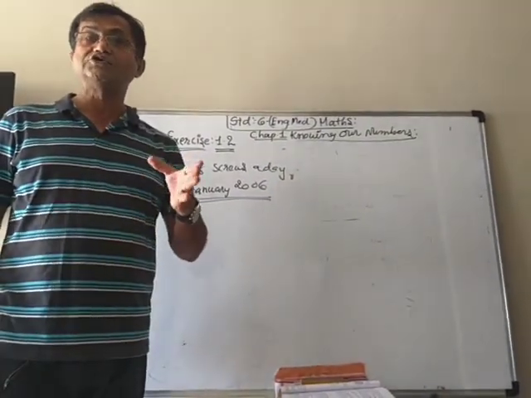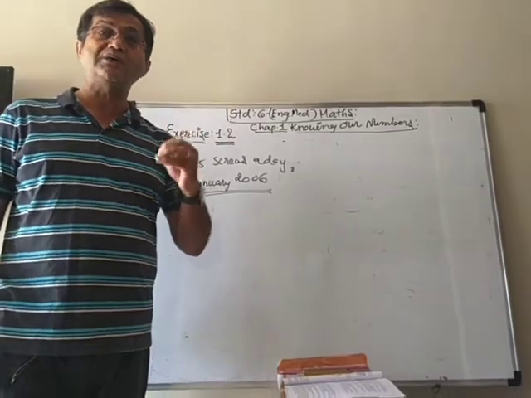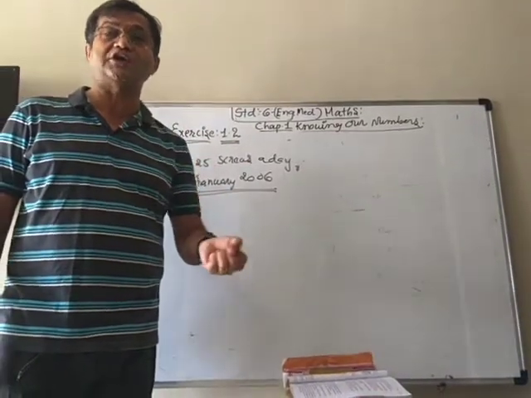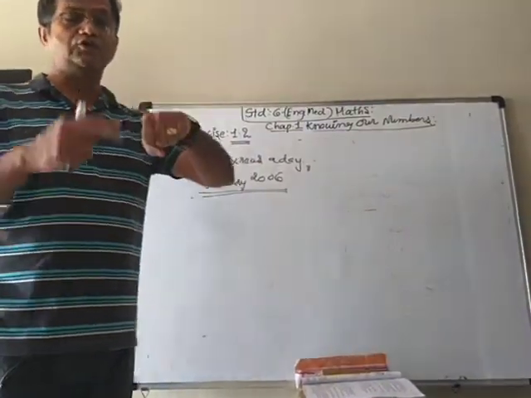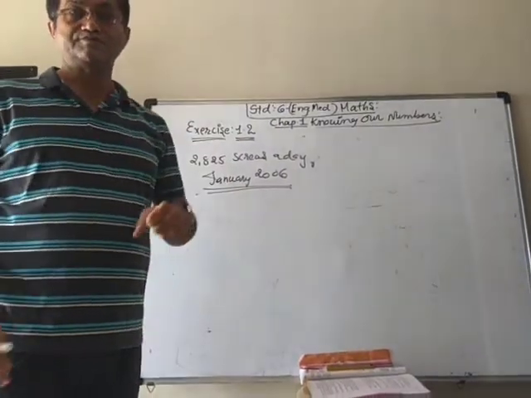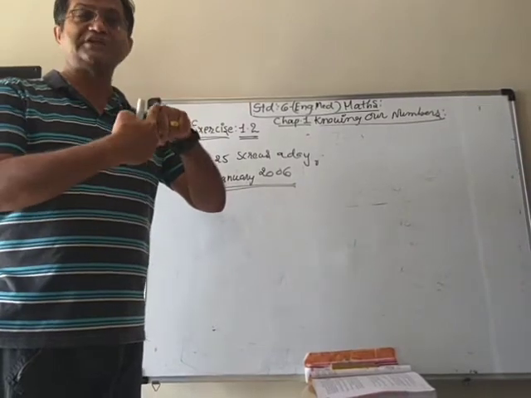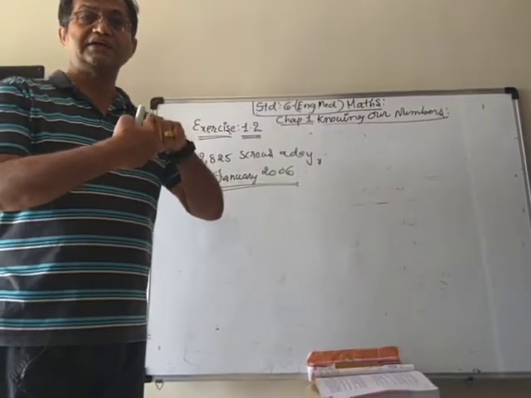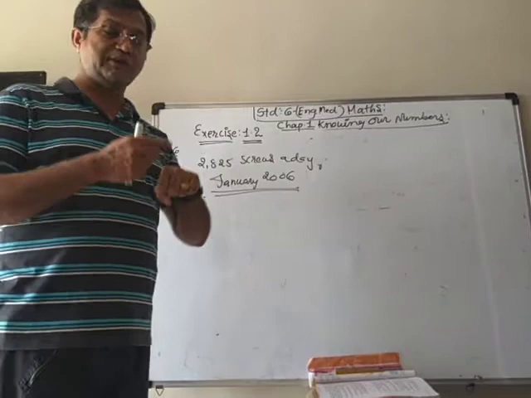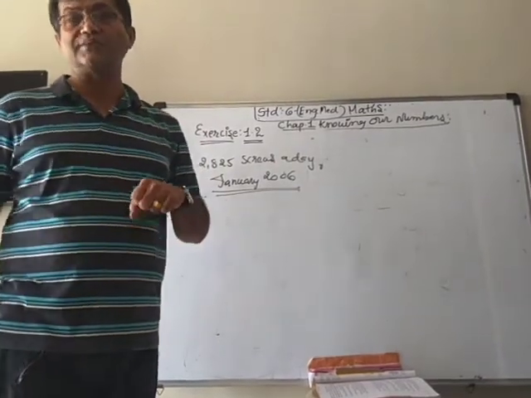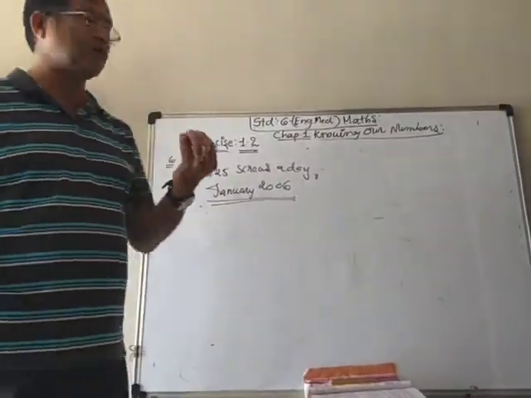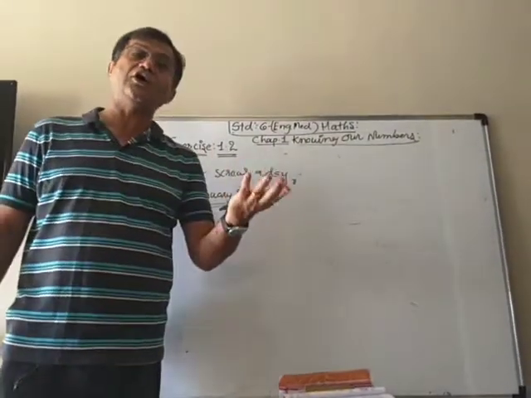So now you should be aware how many days are there in the month of January. We know how to do that by hand also. When there is a mountain, 31 days. When there is a valley, then there are 30 days. But only February is 28 or 29 according to the leap year or non-leap year.